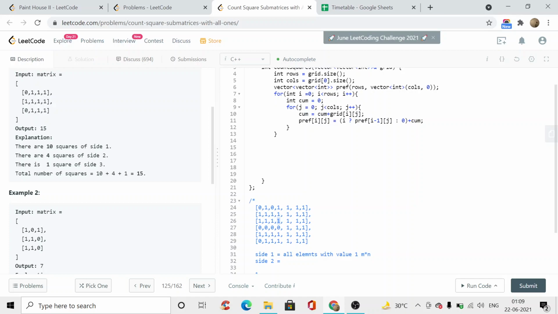So it will be something like this: 0 0, 0 1, 0 2, 0 3.